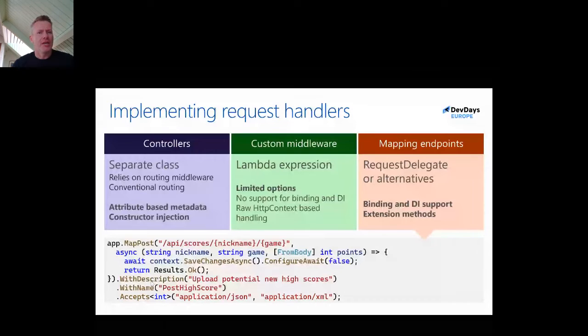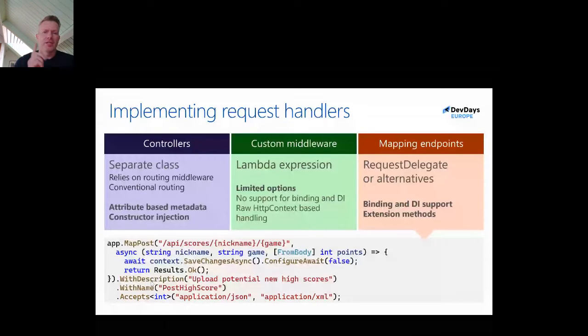So the new API endpoints that we will be defining, programming minimal web APIs, uses map post, but not the one with request delegates, but with a delegate. And this delegate takes a number of arguments and does the implementation logic, and let's see.